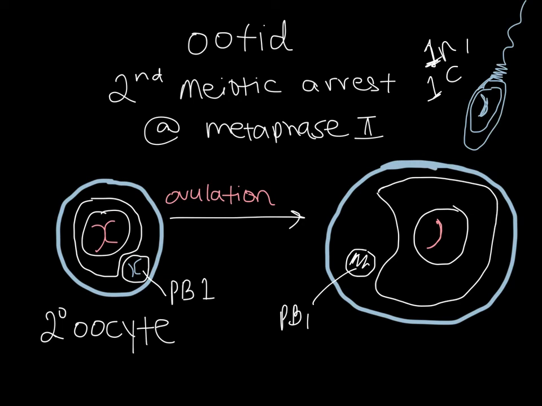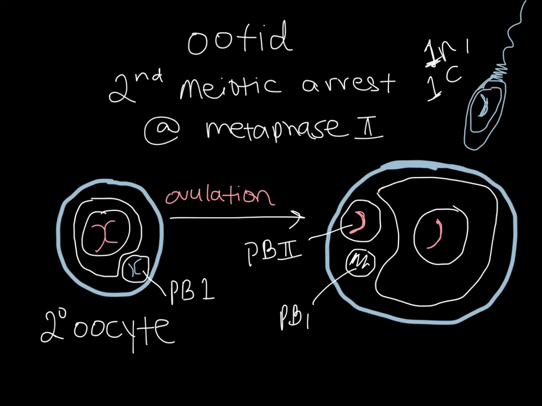When that happens, we're going to have a nucleus like this in the oocyte. The second polar body will be extruded. The second polar body will have just as much genetic information as the oocyte's nucleus. So there's our polar body 2. That's extruded right after fertilization, right after this sperm binds to the zona.